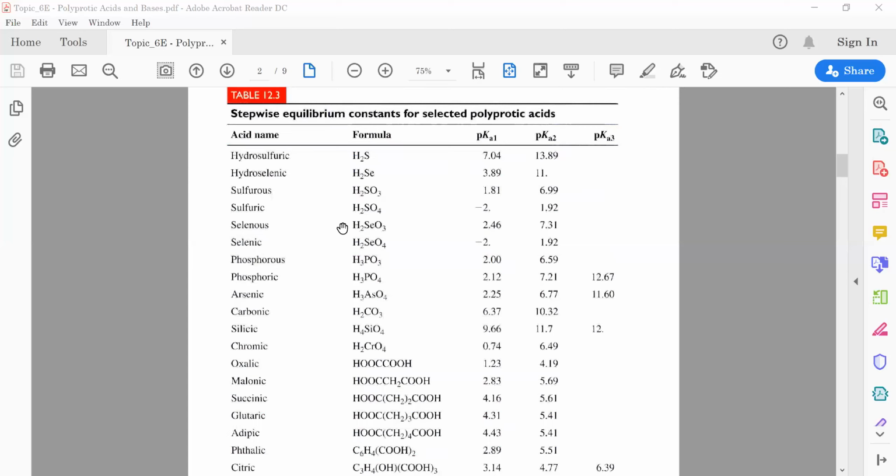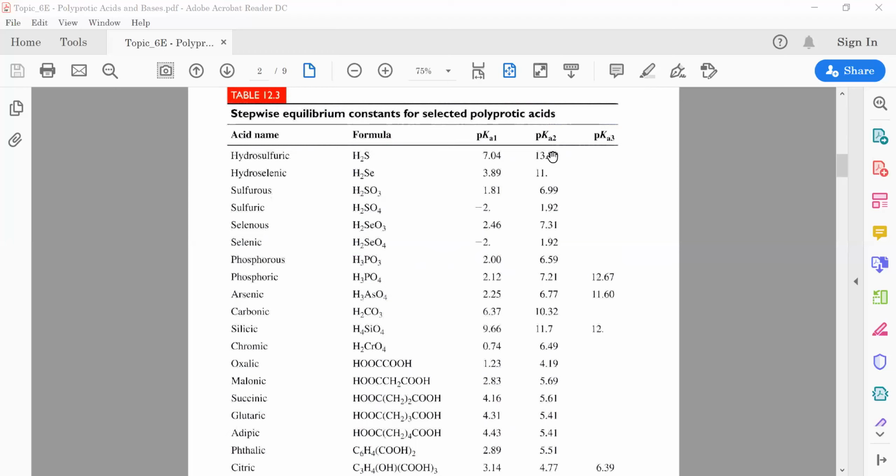So there are several inorganic acids here. Hydrogen sulfide, as we know, is a gas, but when it behaves as an acid, it's referred to as hydrosulfuric acid. In solution, hydrogen sulfide will first form HS-, and then the second step forms sulfide, S2-. Its first step has a pK of about 7, and the second one is almost 14.